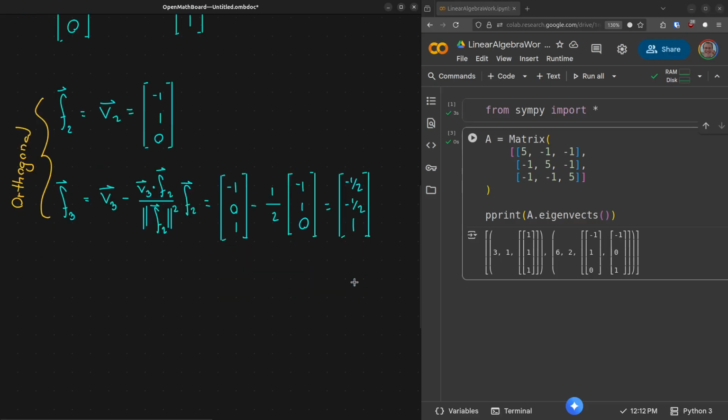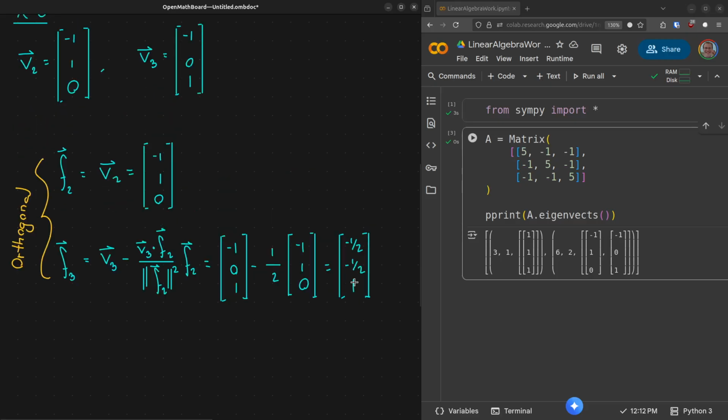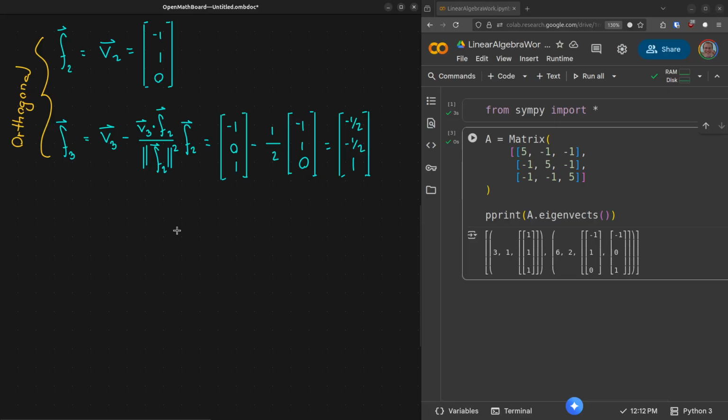Now I need to find the other two columns. I know these vectors are orthogonal to each other now. Now I need to normalize them so they'll be orthonormal to each other. So let's call u2 the normalization of f2.